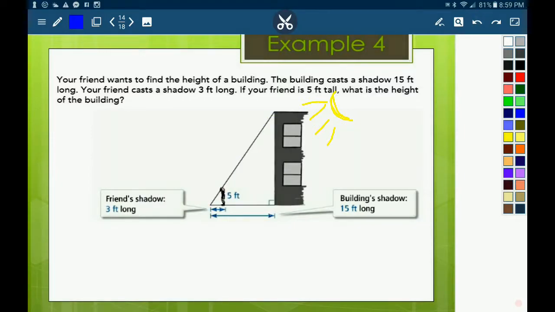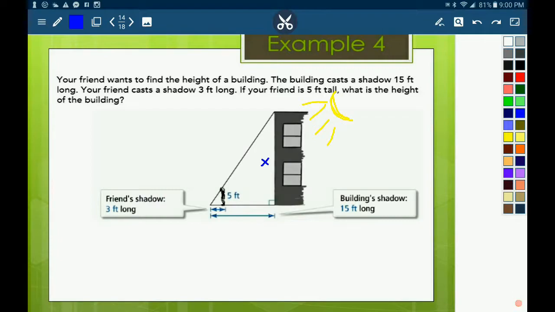Okay, so what we want to do is first look at which sides correspond to each other and set up a proportional ratio. So let's say we don't know the height of the building, so let's call that X. We want to be organized, just like we were doing when we were figuring out unknown lengths of any similar figure.